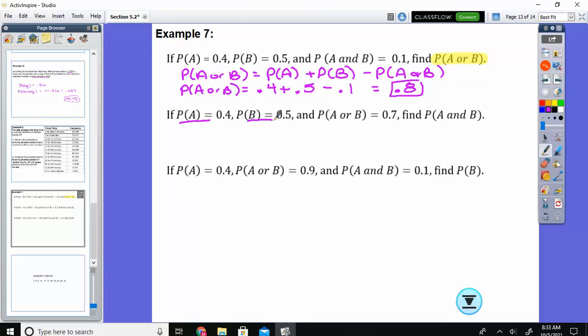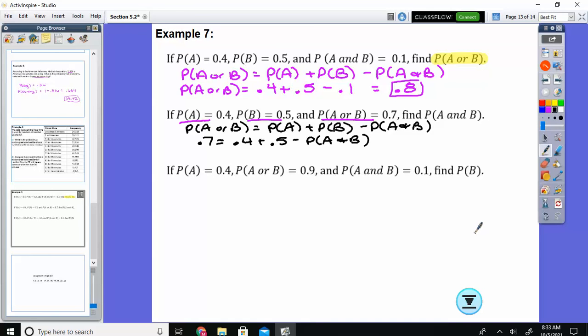Second one, I gave you probability of A, probability of B, probability of A or B. And I'm asking for the and this time. So, same starting point. You write your formula. Probability of A or B equals probability of A plus probability of B minus probability of A and B. What's the probability of A or B? 0.7. Probability of A, probability of B. I don't know the probability of A and B. Now, is that difficult to solve for?